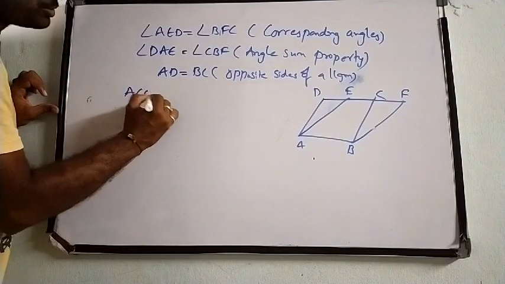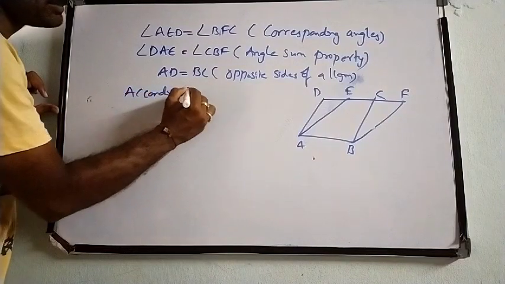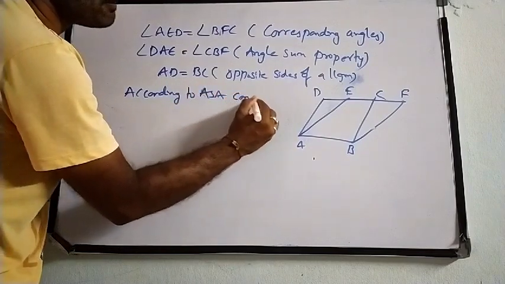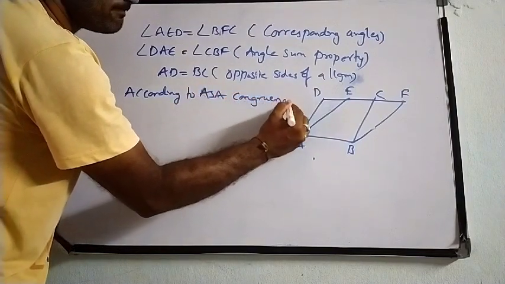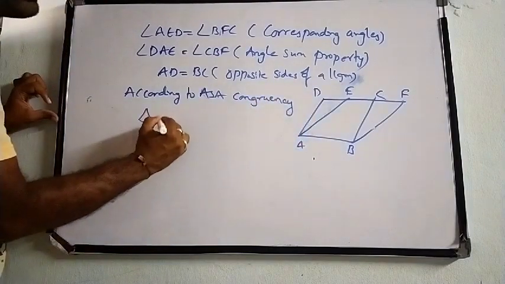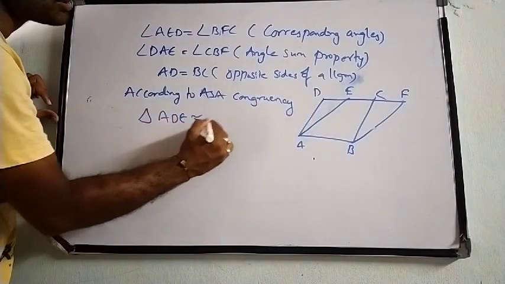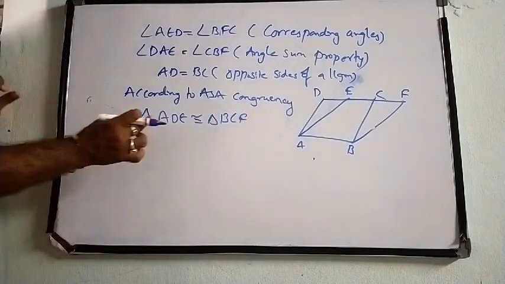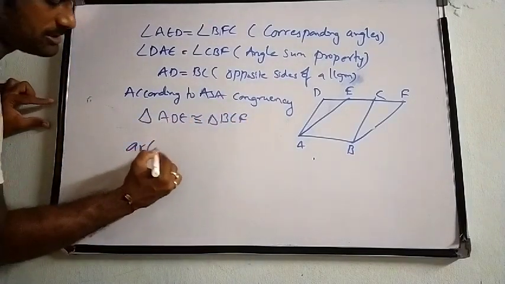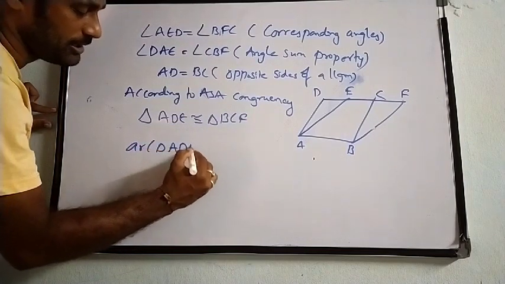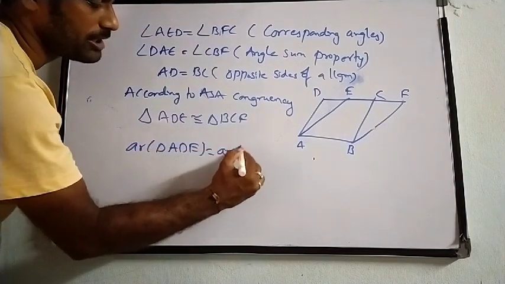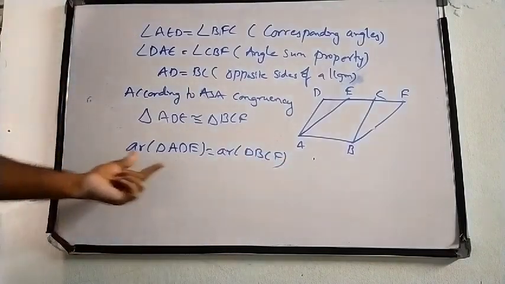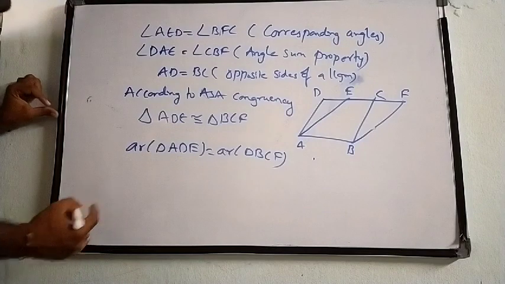Now according to ASA congruency rule, triangle ADE is congruent to triangle BCF. If two triangles are congruent, we can easily say that area of triangle ADE is equal to area of triangle BCF. So these two triangles will have equal area.